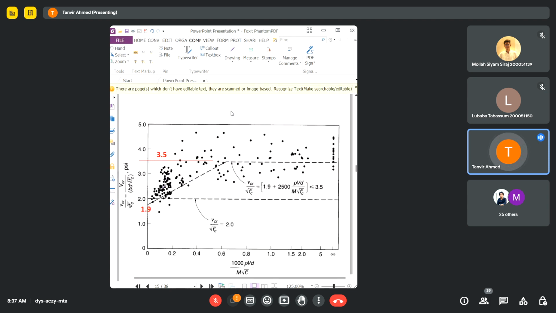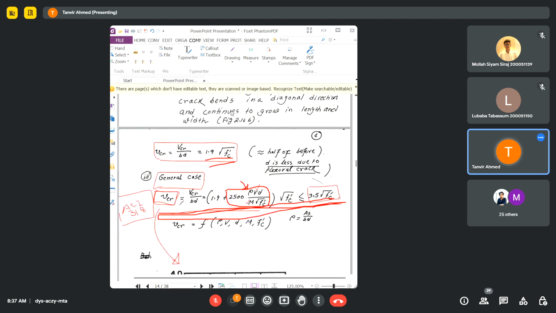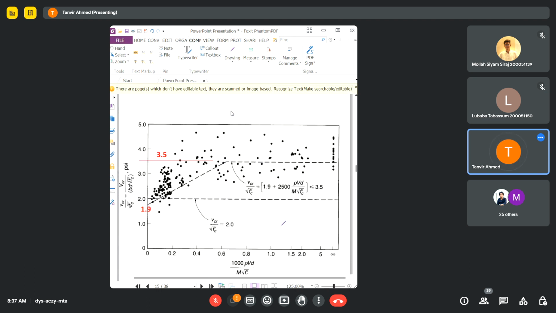Okay? Although there is a lot of scatter, the points are scattered, but roughly these points follow this equation. That's just the equation that we showed.